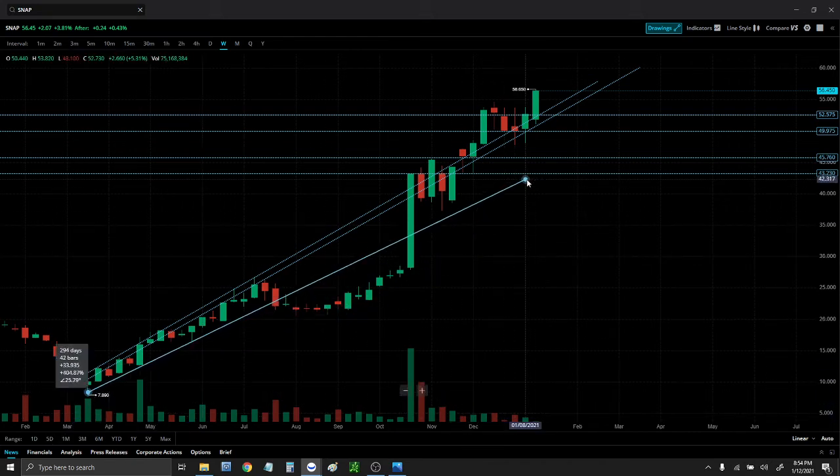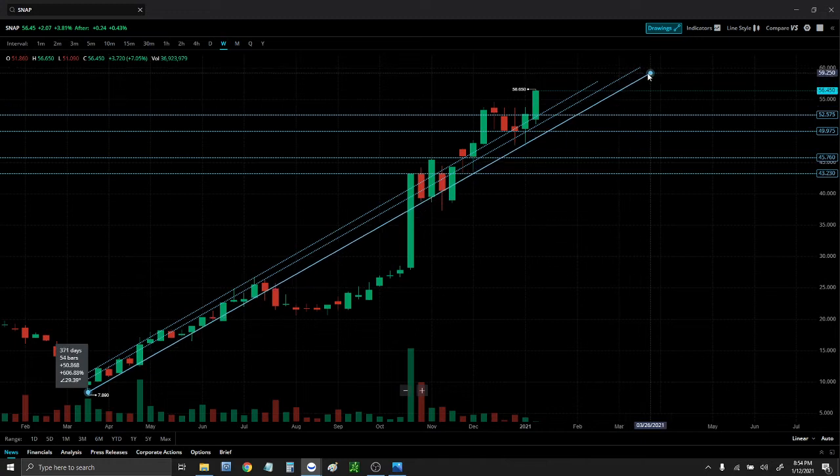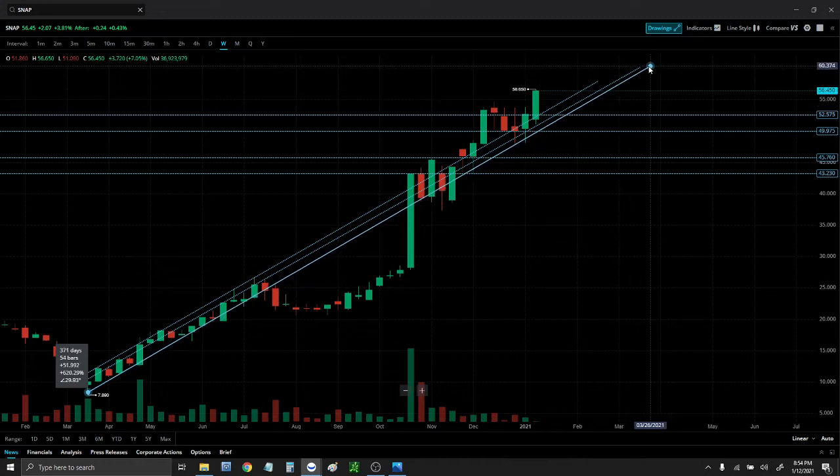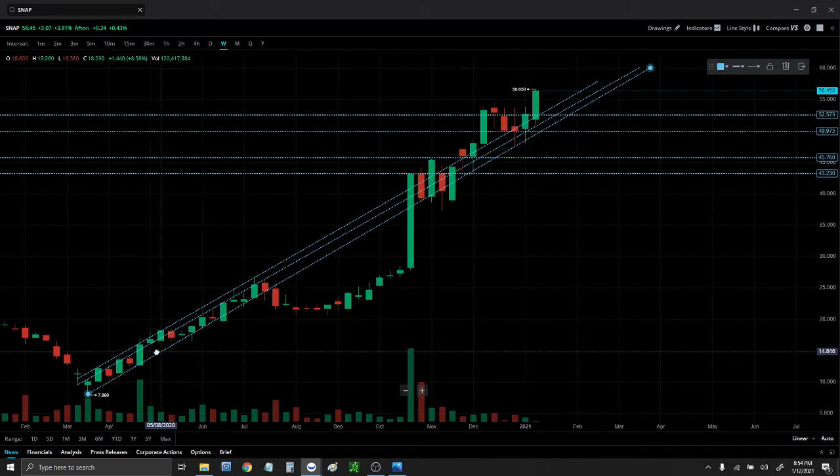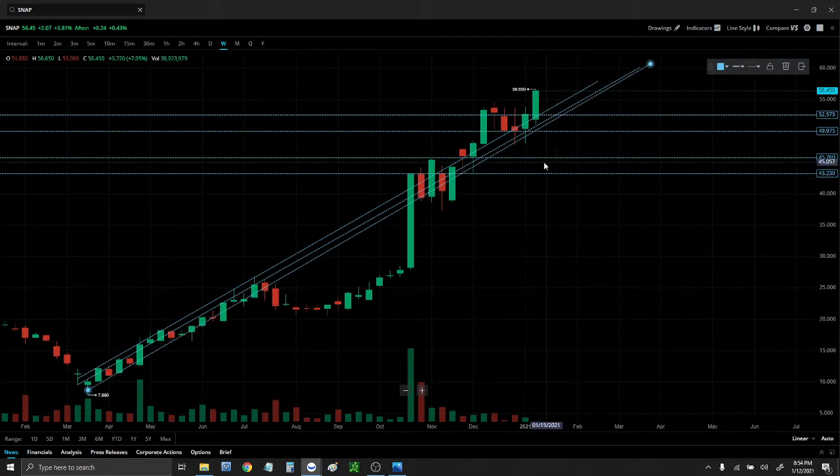As you can see here, there's the bottom of that range. Right about there. Yeah, right about there. So as you can see, it touches pretty close to these items, so you can see it bounces.